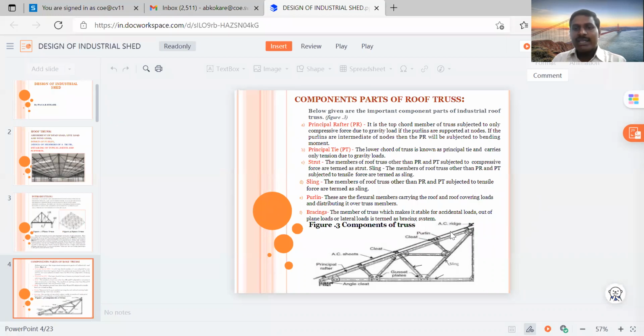So we are providing multiple trusses, and for the multiple trusses in the horizontal plane, we are providing the bracing. It means whatever load is coming on the roof truss, or wind force, dead load, live load may be there, that load is ultimately transferred by the bracing.